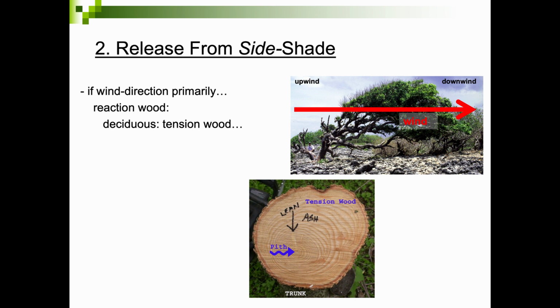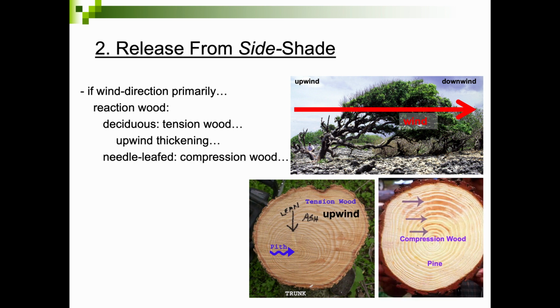And we already learned that deciduous trees have tension wood. So this ash individual was grown in a windy environment, and you're going to have the tension wood upwind, right?